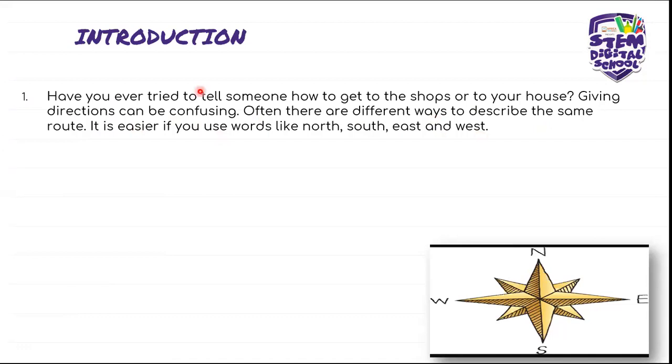But it depends who you are giving the directions to. You can give directions to somebody who is not really educated and doesn't know about the north-south part. So it is very important to look at who you are giving the directions to before confusing somebody, okay? But we need to use words such as north, south, east, and west in giving directions, okay?